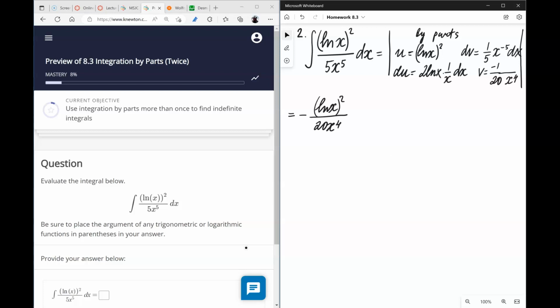But I have that extra minus there, so it's going to be plus the integral. And you can see 2 over 20 will give you 1/10. And we have the integral of ln x in the numerator, but in the denominator we're going to have x to the power 5. And again, it's the same pattern which calls for the same integration by parts.